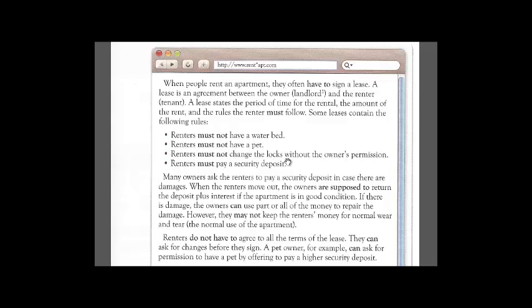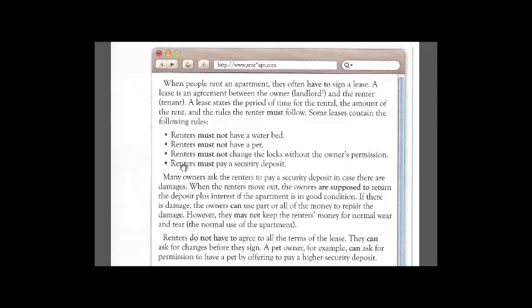Okay, so it's up to you what you want to do, but know that in most apartments, you're not supposed to change the locks without the owner's permission. Now some people might change the locks, and when they move out, they put back the old locks again, as an added measure to protect their things and their home from people coming in and stealing.